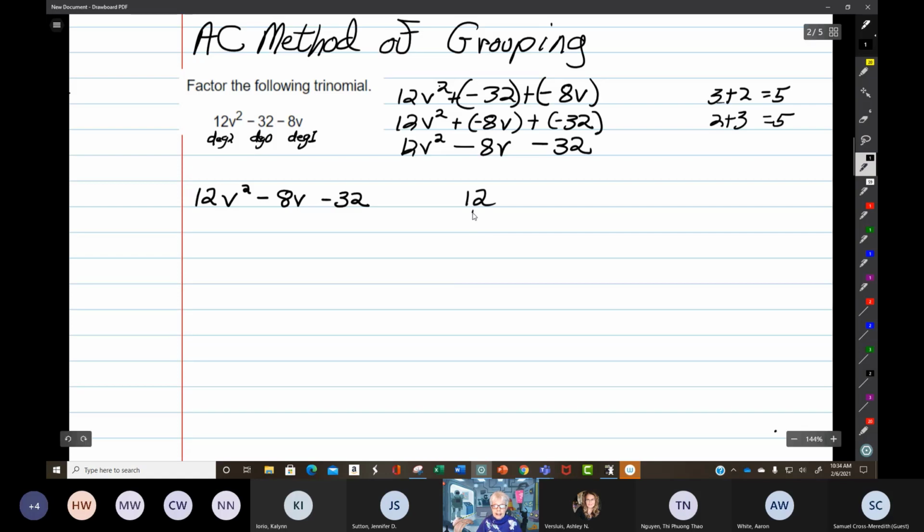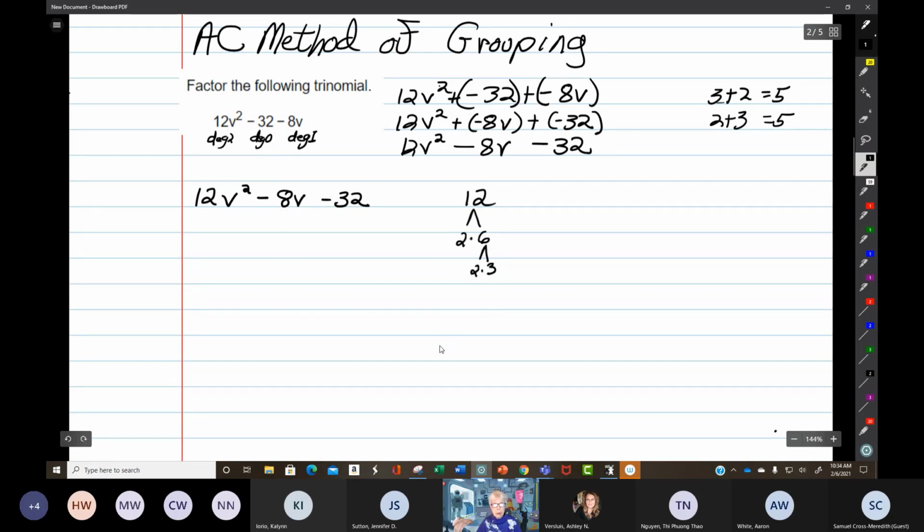12, one of the easiest ways to break down numbers is to make a factor tree, because you can think of any two numbers that multiply together to equal 12. Like, I could think of 3 times 4, or I could think of 2 times 6. It doesn't matter. 6 breaks down to 2 times 3. 2 and 3 are prime numbers.